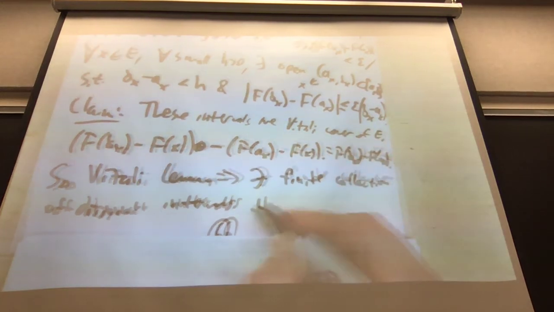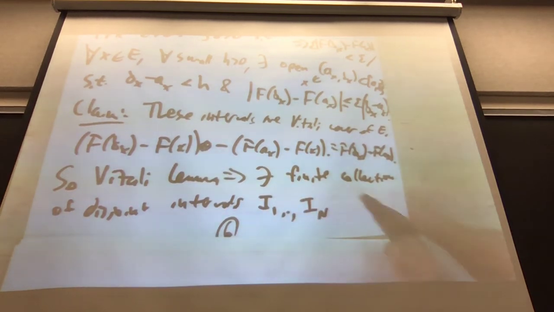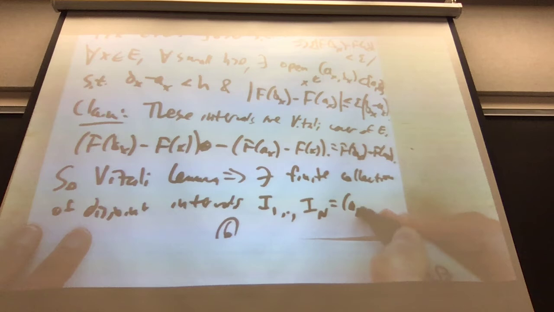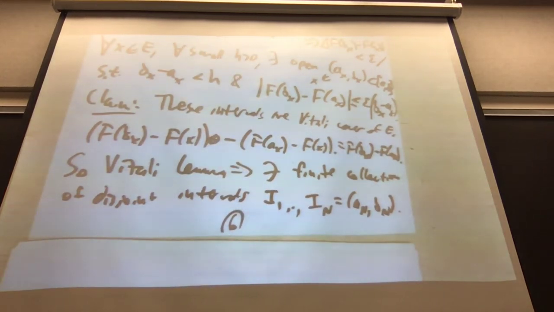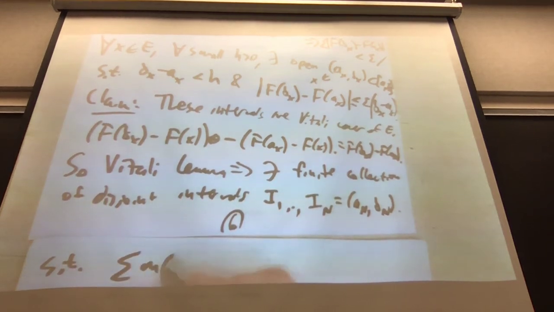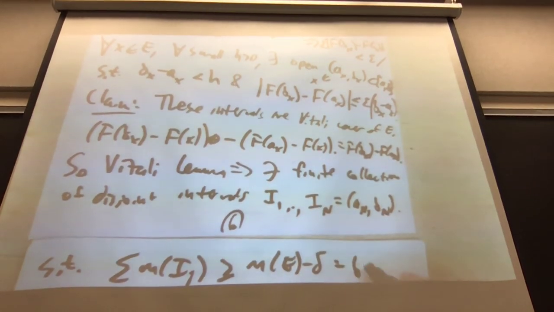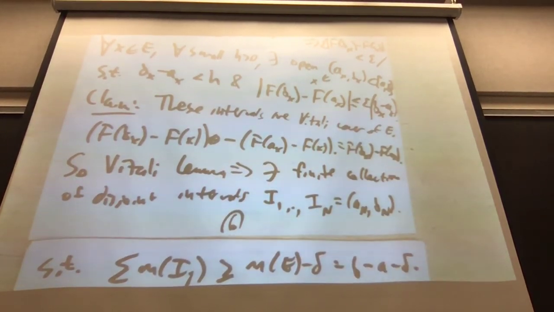So let's call these intervals I1 through In. Each of these is aj through bj, such that the sum of the measures of these Ij's is at least the measure of E minus delta, also known as B minus A minus delta.